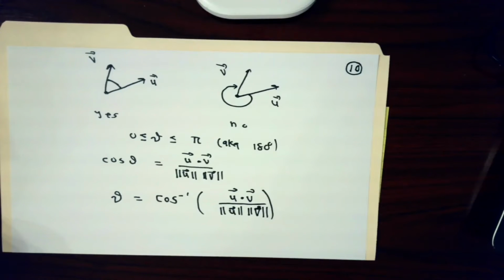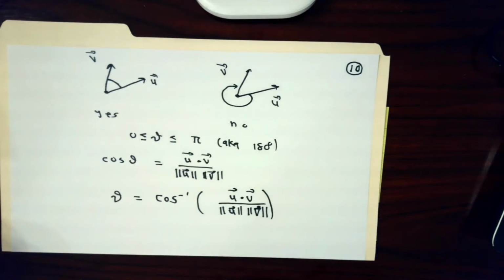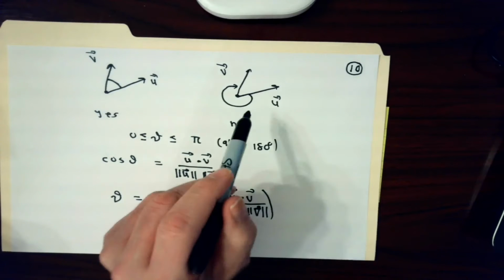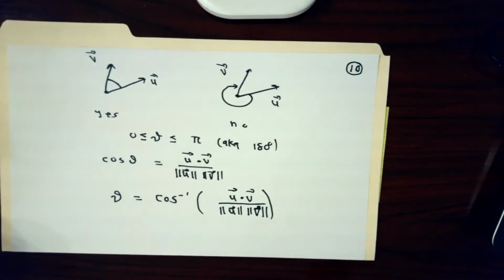In this same generic setup, there is a bit of wiggle room though. I've drawn two pairs of vectors, u and v, the same u and the same v in both of them. If I want to speak of the angle between the two vectors, I could be talking about this angle, or if I were insane, I could do that angle. We're always going to make the first choice.